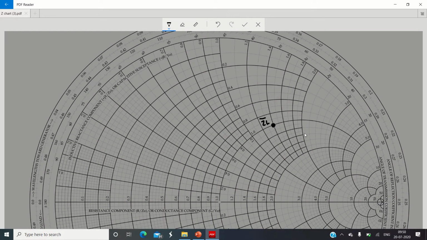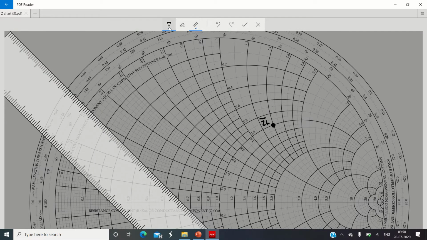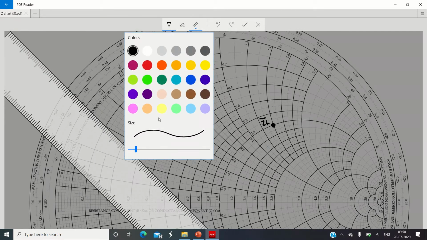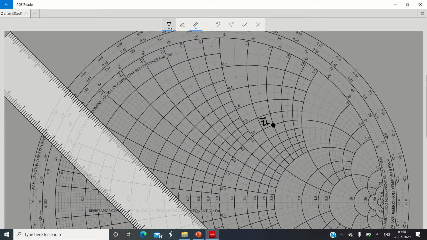To measure that, take a ruler or scale. I will choose a different color to mark the scale, this yellow color.